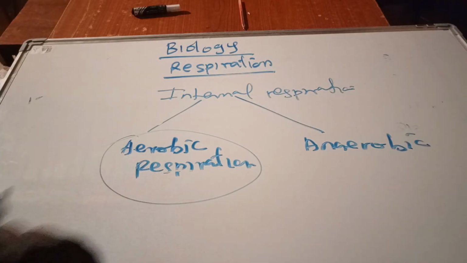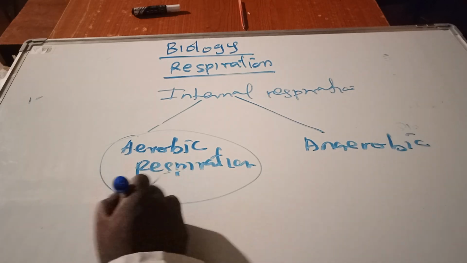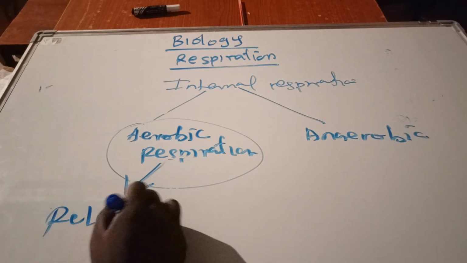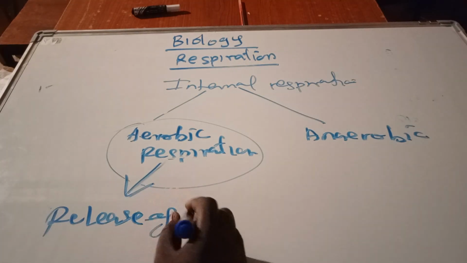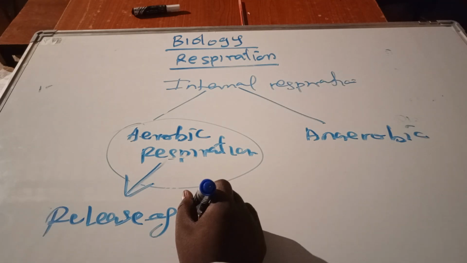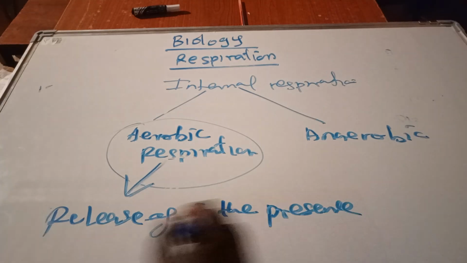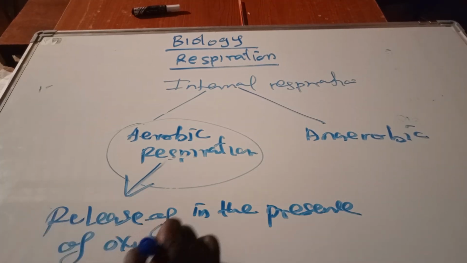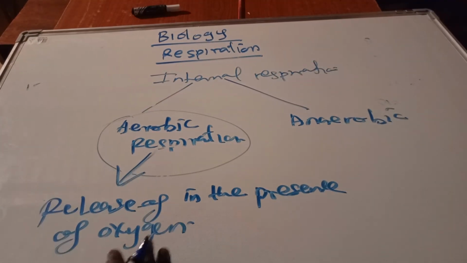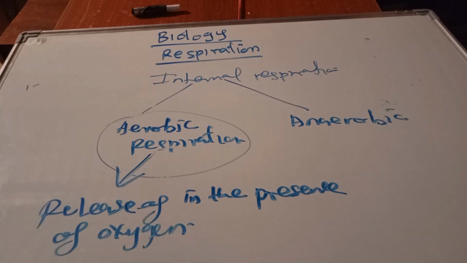So aerobic respiration is the release of energy from the food substance in the presence of oxygen, which means oxygen is involved.